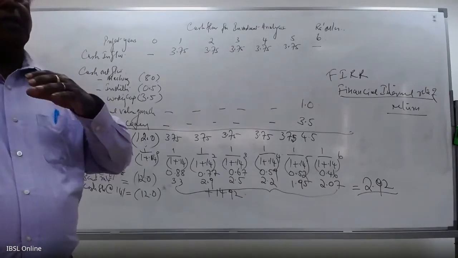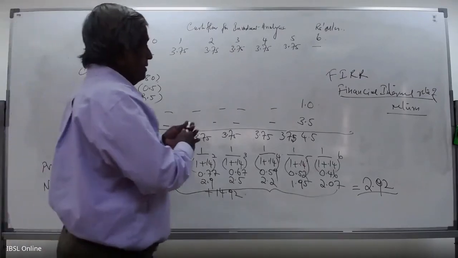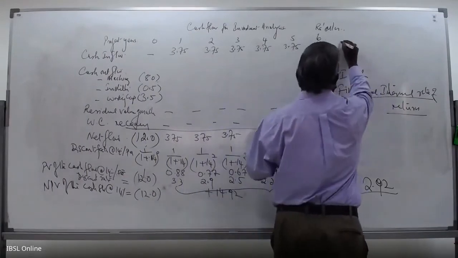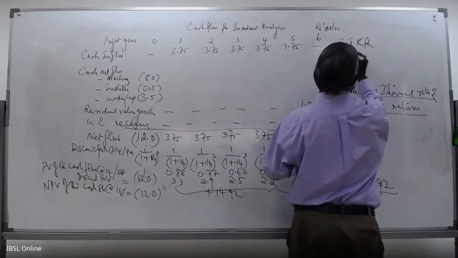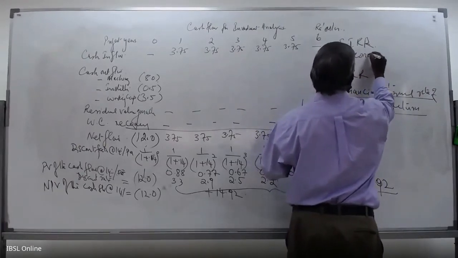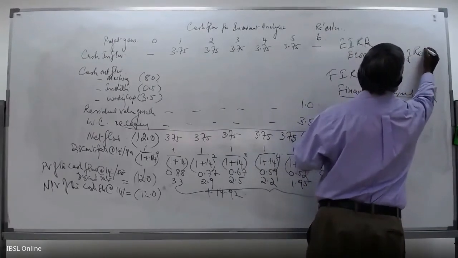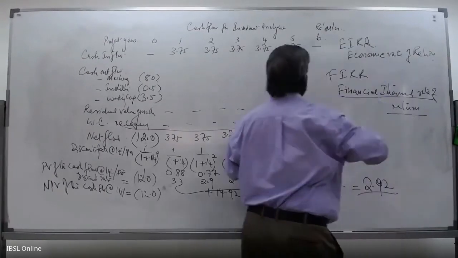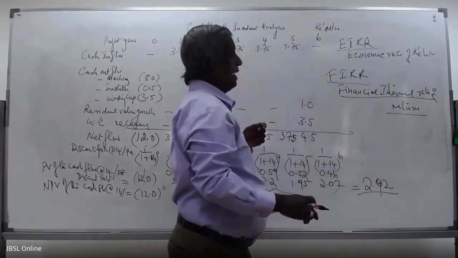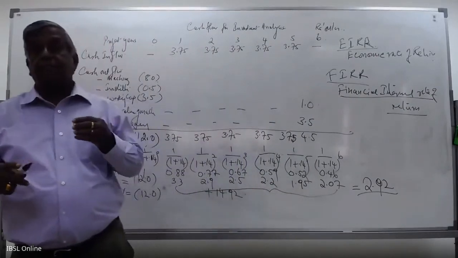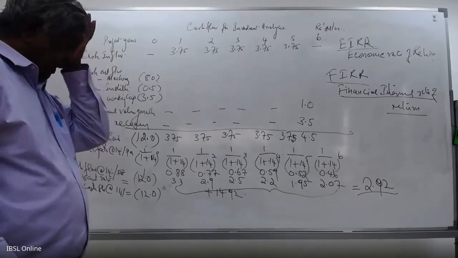So when you do this IRR calculation in economic prices, we call it EIRR, economic internal rate of return. So both are different. One is FIRR, financial, that is market prices, and the other one is EIRR on economic prices.